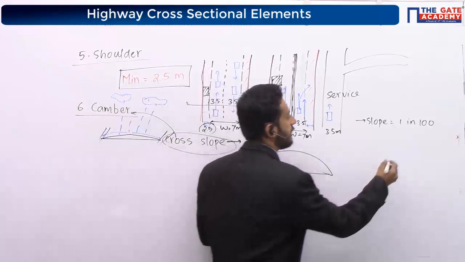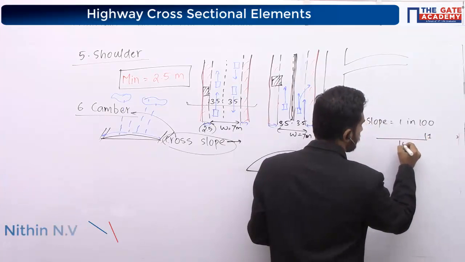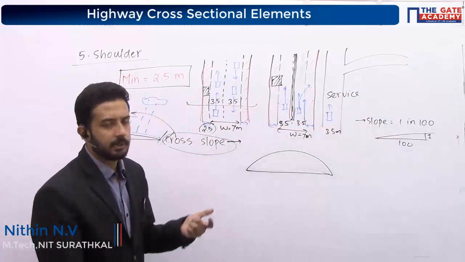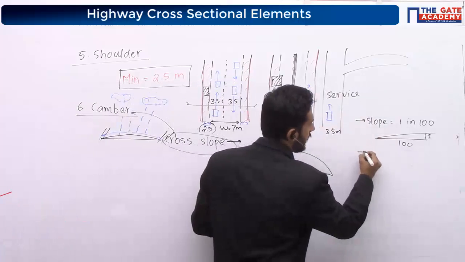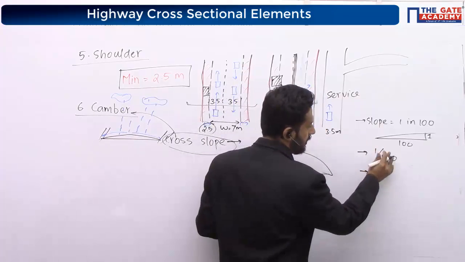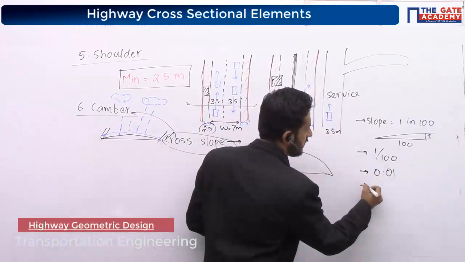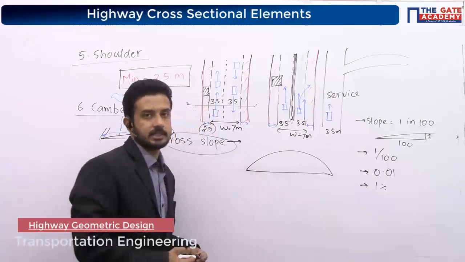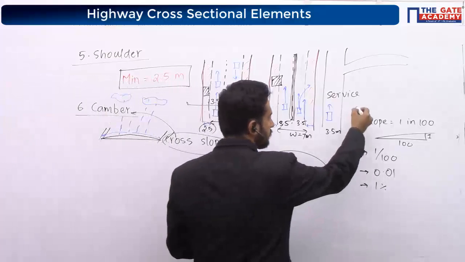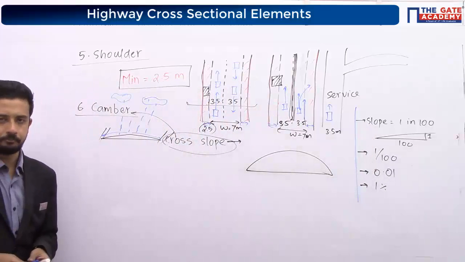Either I can represent a slope like that, or I can represent this 1 in 100 as 1 by 100. Both are the same. 1 by 100 is nothing but 0.01. That is also the same. The same thing I can represent as 1%. There are 4 ways of representing a slope. So in a question also you can see it in any form.